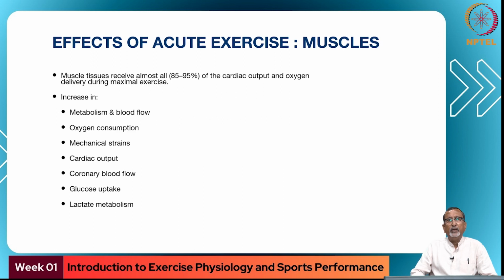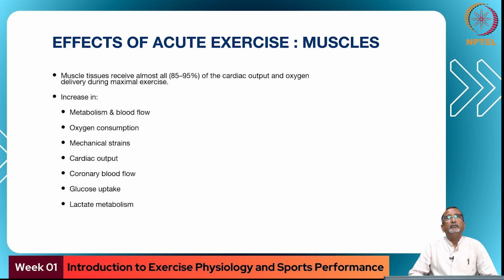Now, the effect of acute exercise on the muscle, because muscle is the key area for performance. The muscle tissue receives almost 85 to 95% of your cardiac output and oxygen delivery during maximal exercise.